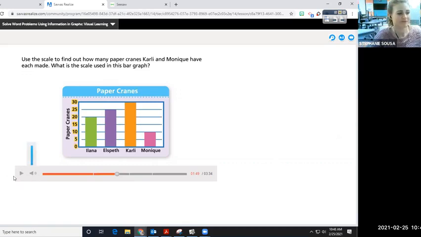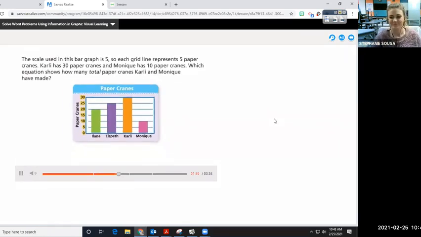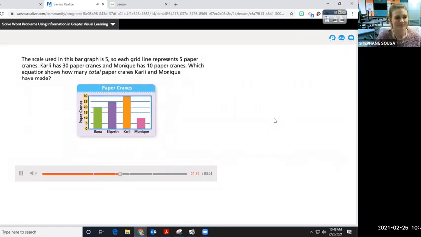Okay, here we go. The scale used in this bar graph is 5, so each grid line represents 5 paper cranes. Carly has 30 paper cranes, and Monique has 10 paper cranes. Which equation shows how many total paper cranes Carly and Monique have made?